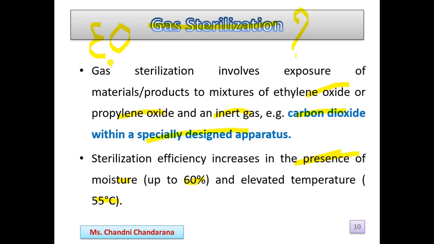So we get the removal of microorganisms. Where can this technique be applied? Due to the highly penetrating nature of this gas medium, we can apply it to sterile medical devices, for example PET catheters and surgical accessories.